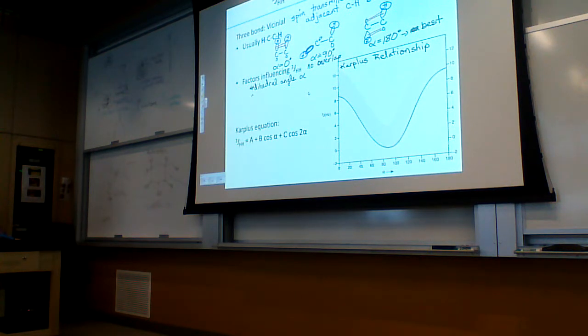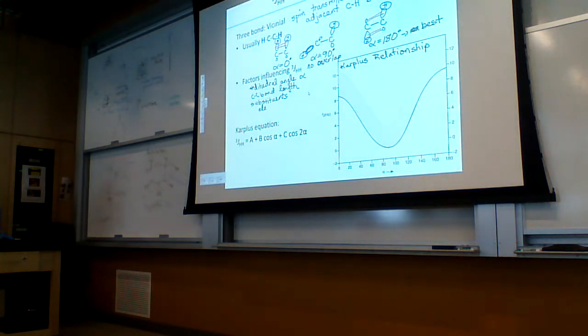There are a few other factors that influence the J3H. One is the carbon-carbon bond length. The substituents, and that can be either electronegative or some type of compression or repulsion.